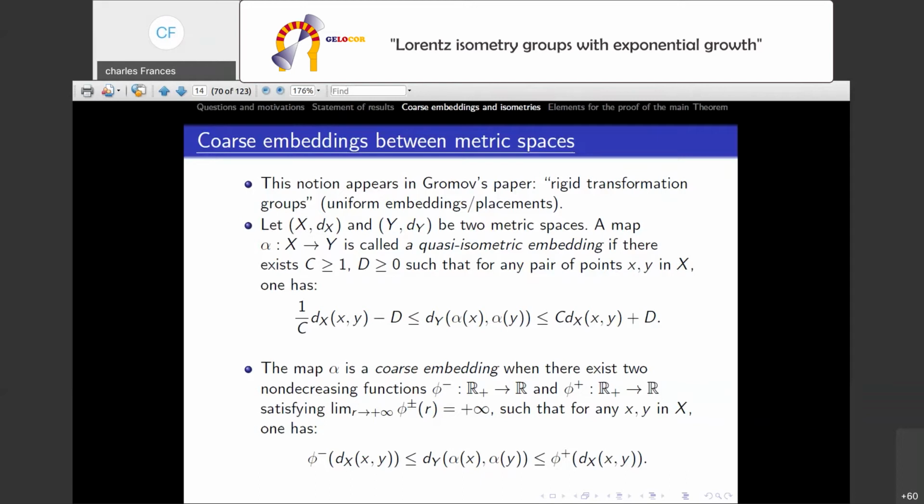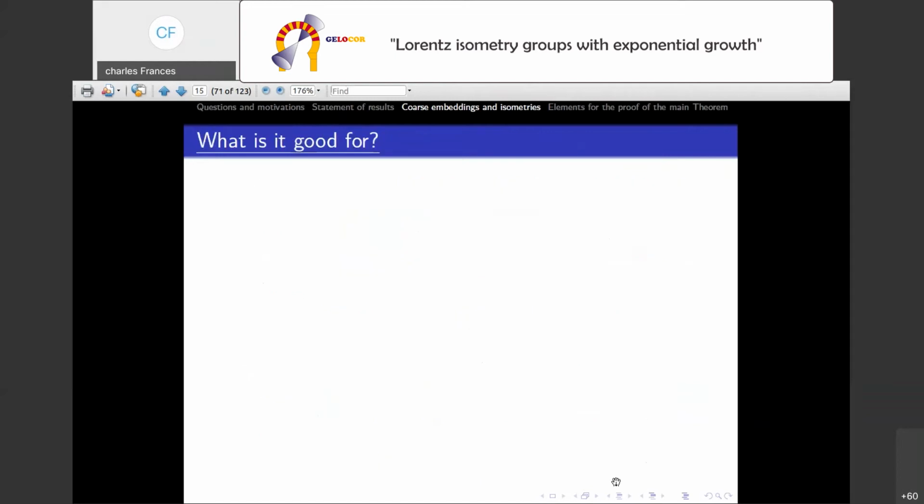So the important thing is that the control is uniform in the distance. So it seems to be quite a weak notion. Nevertheless, we will see what it is good for when studying the isometry group of a Lorentz manifold.